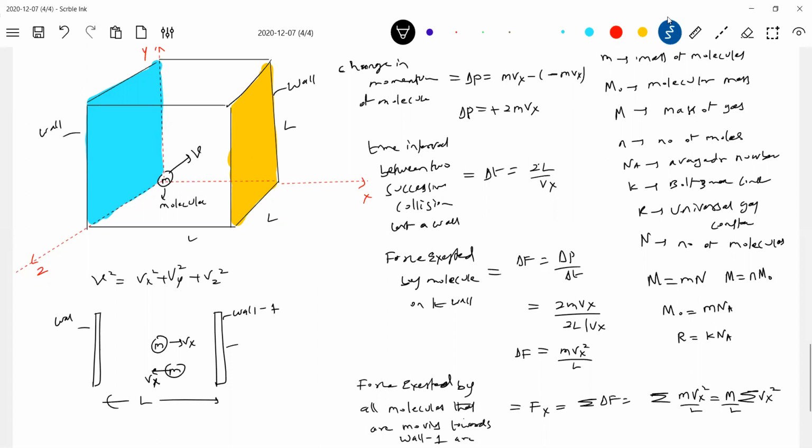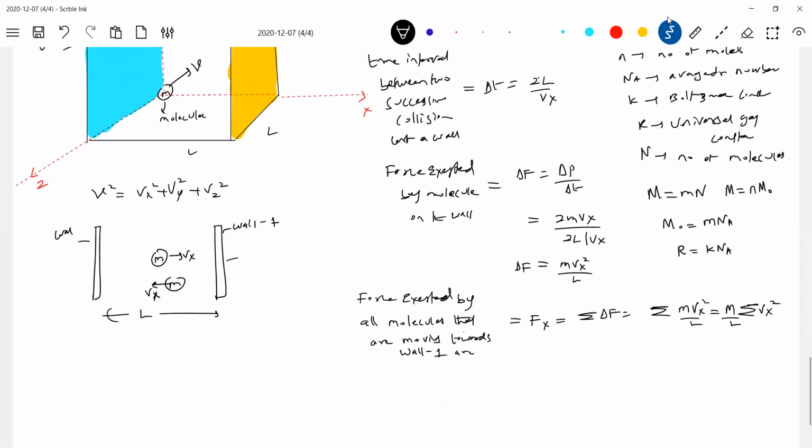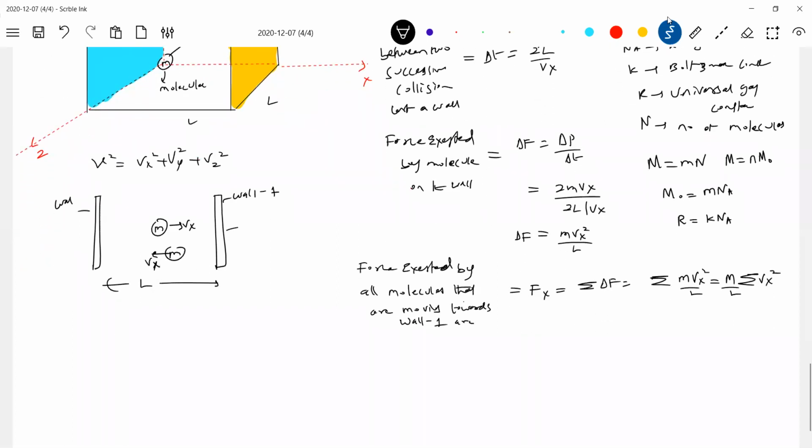Okay, there's a force here. So let's calculate the pressure. So we know force. So how can you calculate? Pressure equals force by area of wall. So force is what? Fx. What is the area of wall? L square.